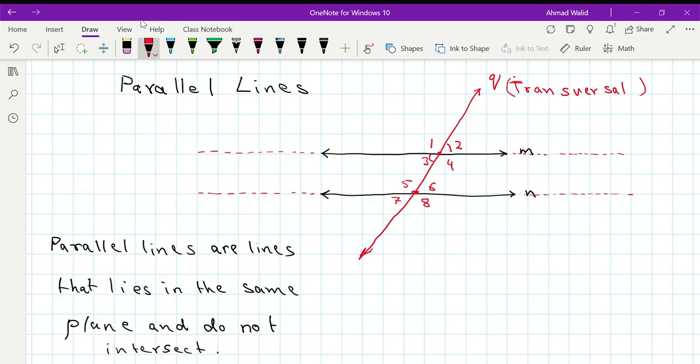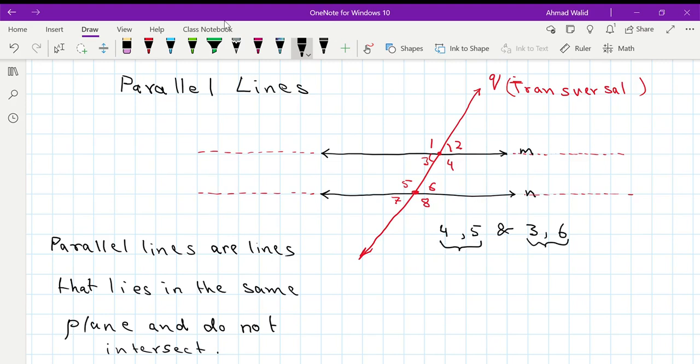Now, I'll add more. Let's see what else we can find, correct? First, some names. Angle 5 and 4, and also in the same way 3 and 6, we call these angles, each pair, correct? Not all of them.